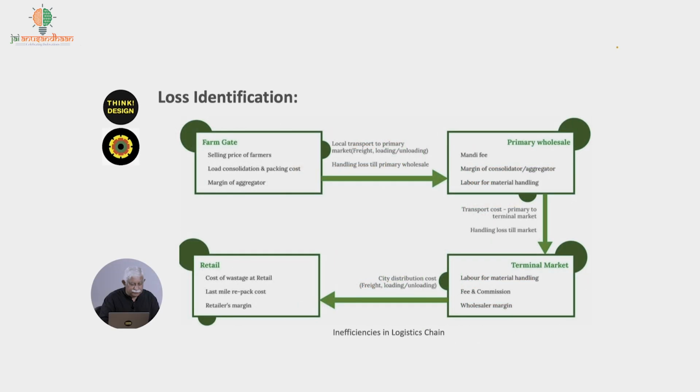For example, what happens at the farm, at the primary wholesale place, at the marketplace, and finally at the shop level. Each one brings it into a bigger picture of the loss identification.